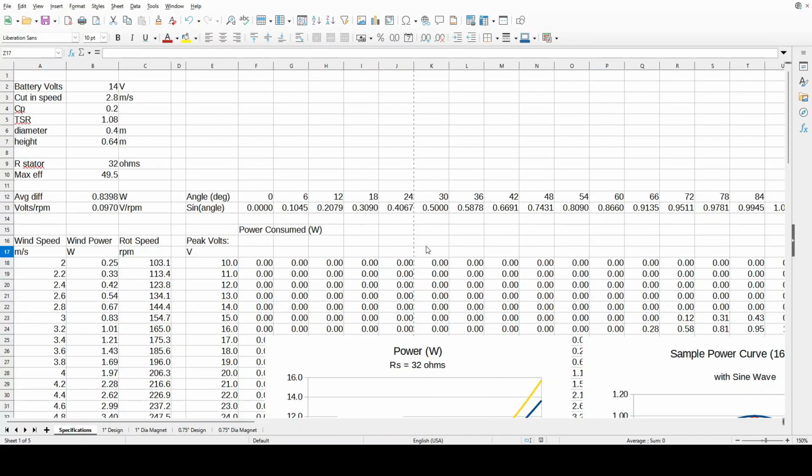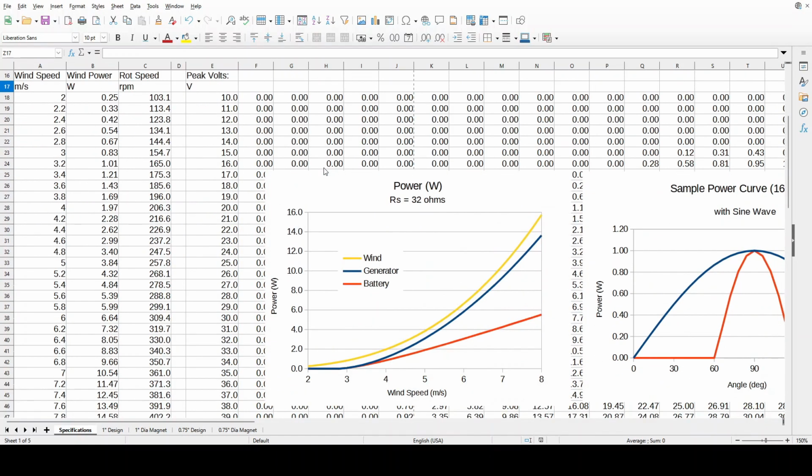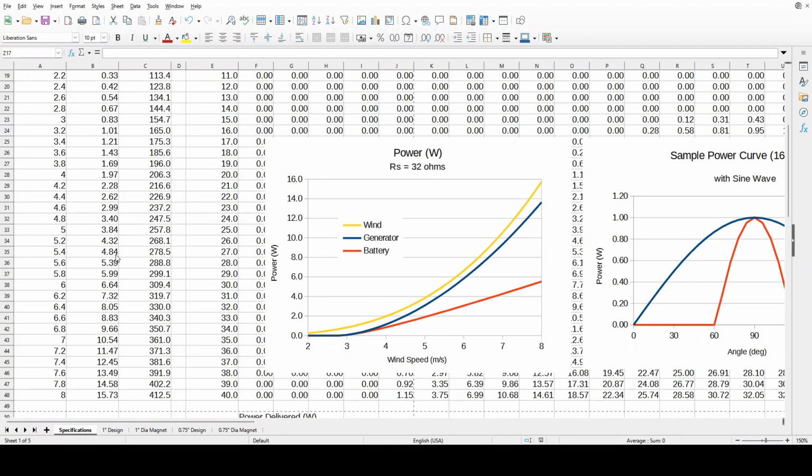Here's the spreadsheet I used to get the specifications for the generator. Just input various parameters here: battery voltage, cut-in speed, and wind turbine parameters. The stator resistance is a number that I can adjust and see what the effect of the adjustment is. And here I have a column with wind speed, going from 2 meters per second to 8 meters per second.